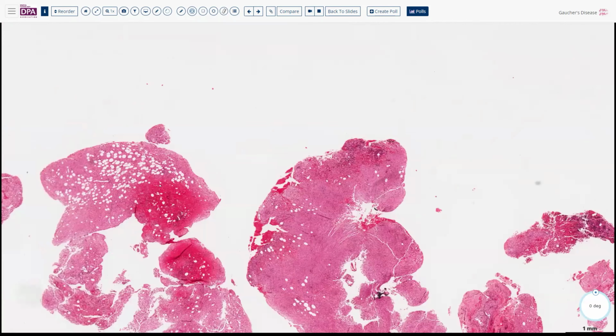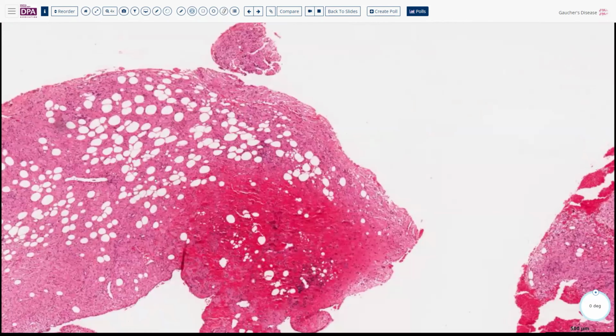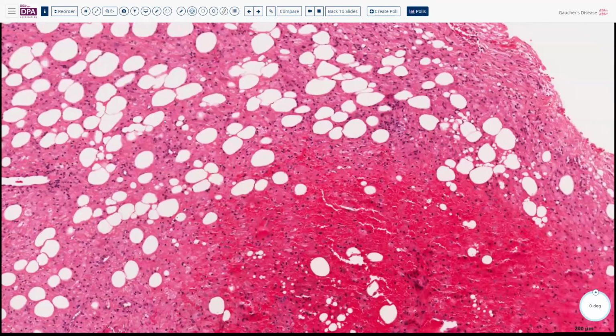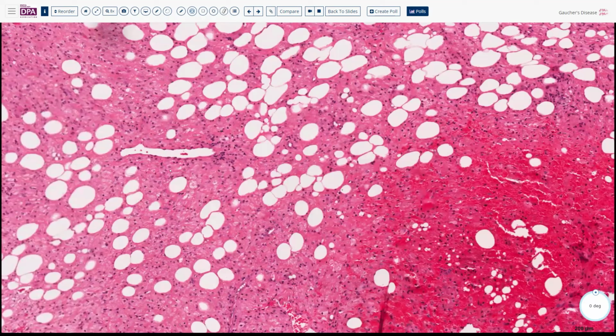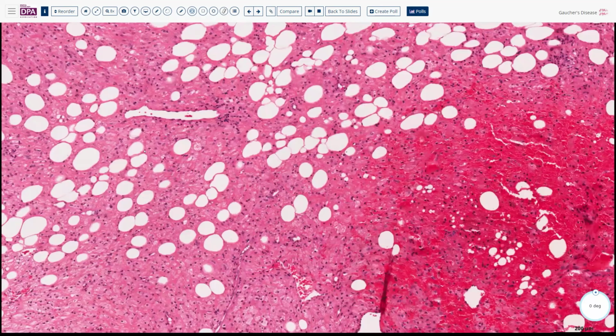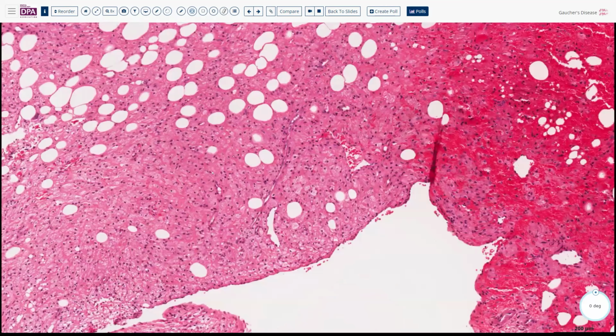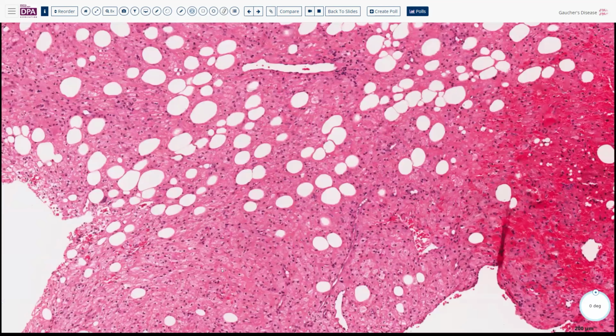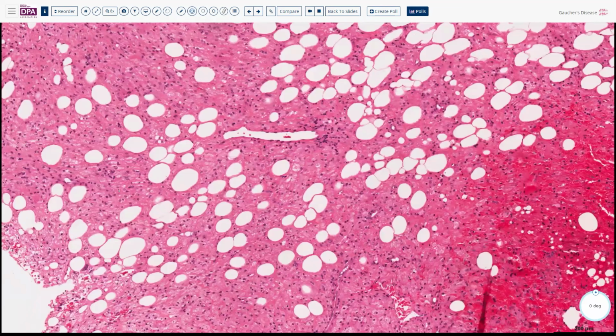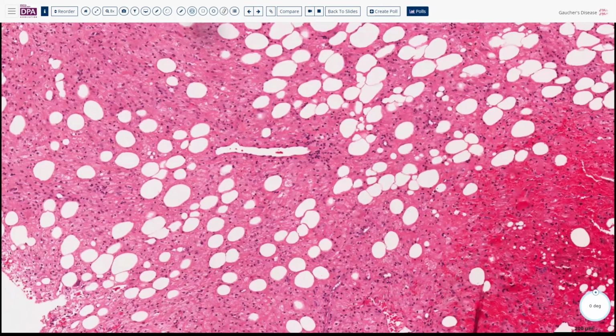As you can see here, we have a sample of essentially fatty marrow, but rather than finding in between the fat cells a normal hematopoietic component, we're instead seeing a lot of pink cytoplasm here.